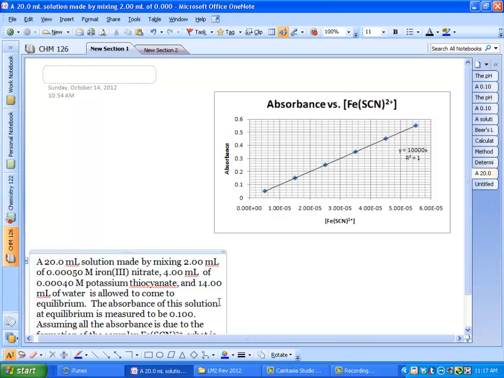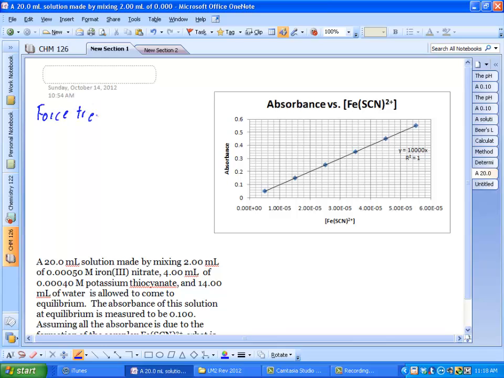Now, what information do we need to get from this graph? We need to figure out what the absorptivity constant is. One of the things I want to point out is that with this graph, you need to make sure that you force your line through zero, okay? You can do that when you set up your trend line.